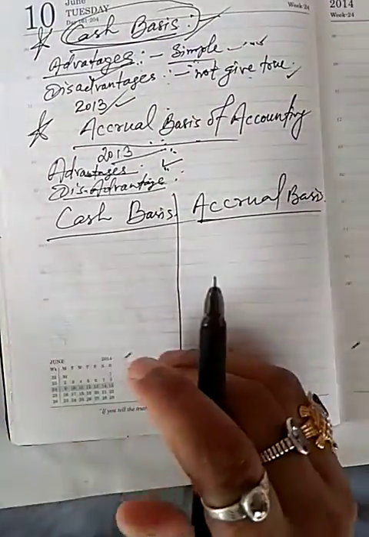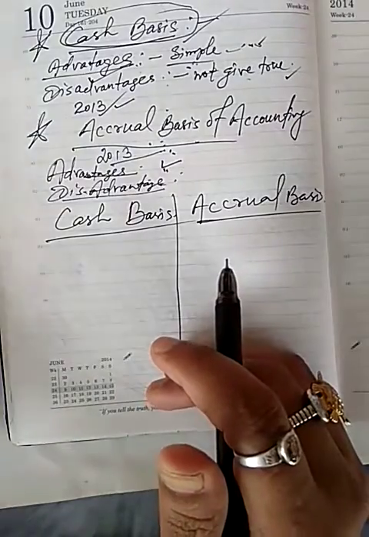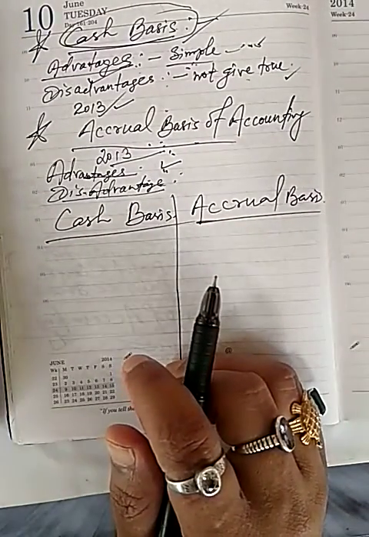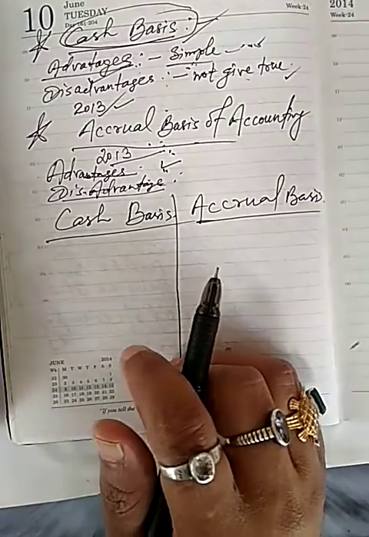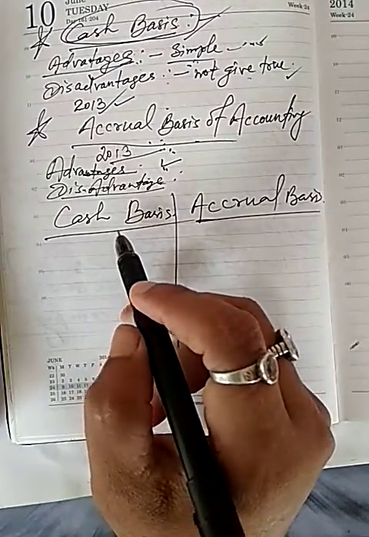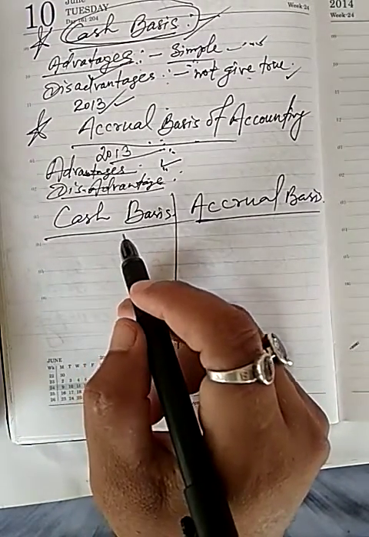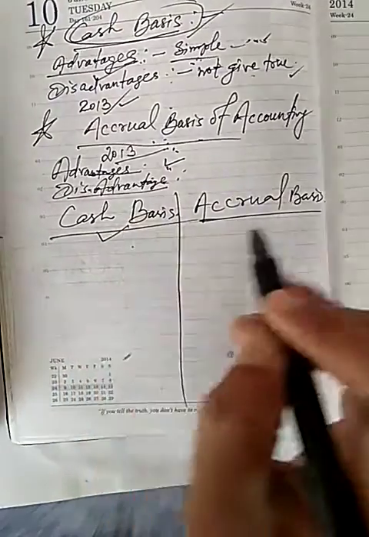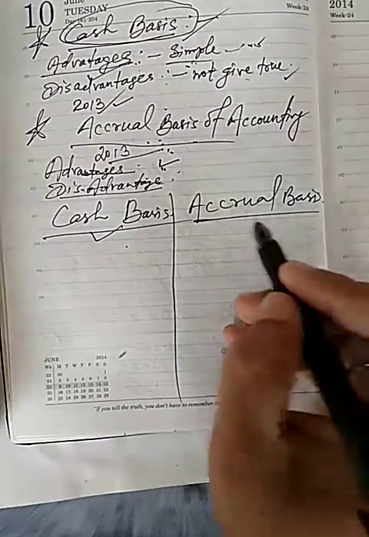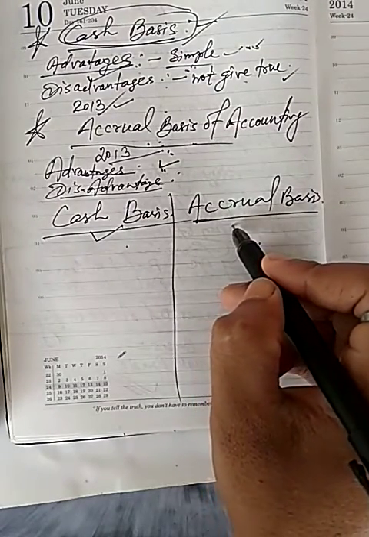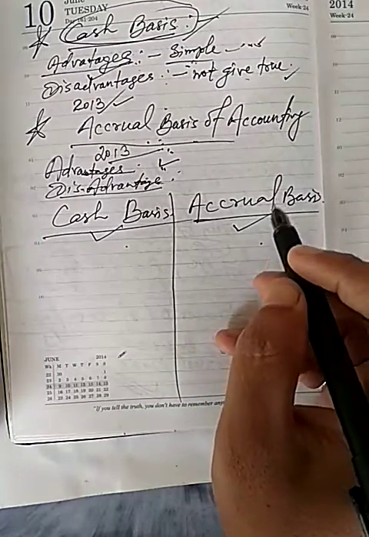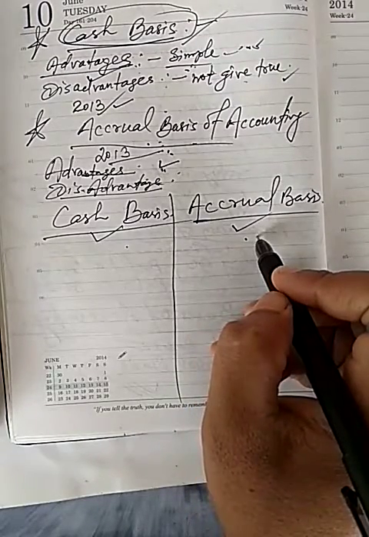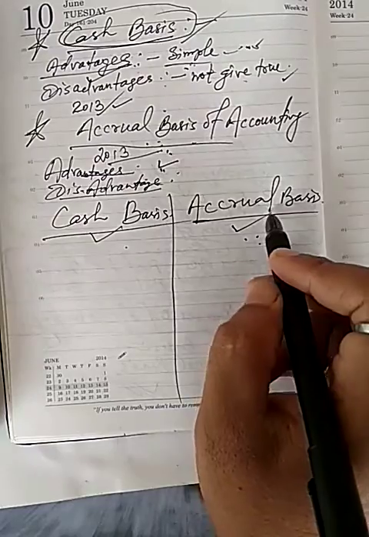Now, see what are the differences between cash basis and accrual basis of accounting. Cash basis records only cash transactions. Accrual basis records all the complete transactions, whether cash or credit.